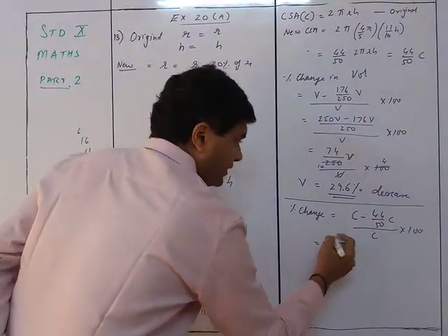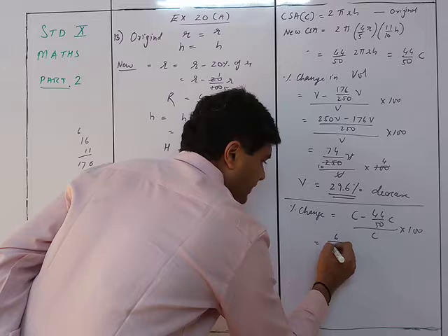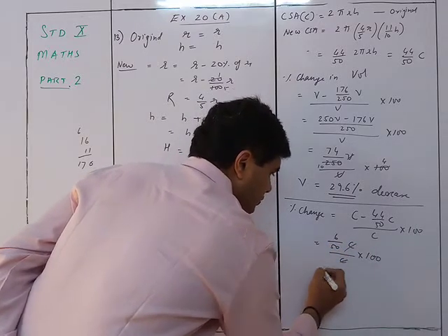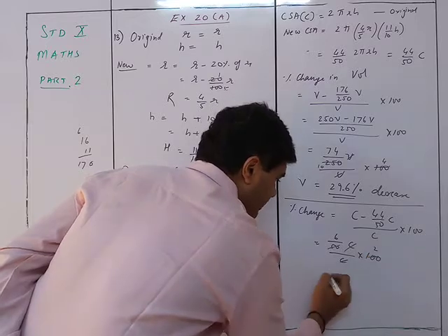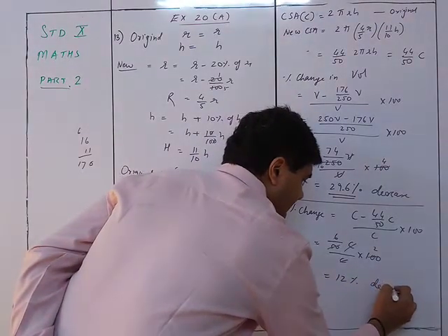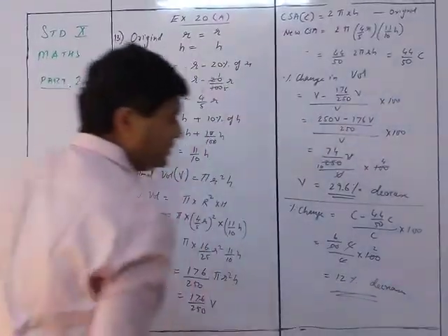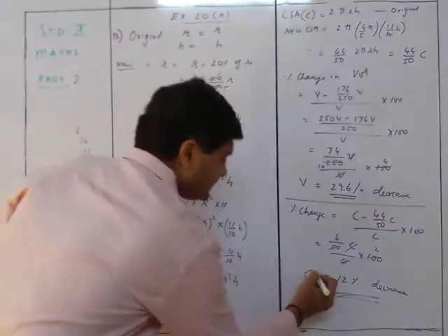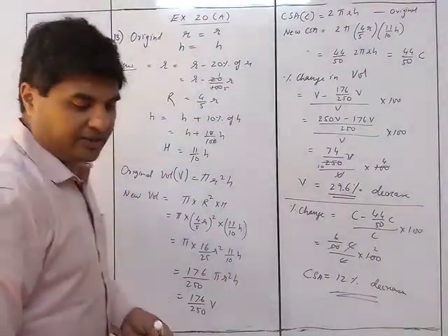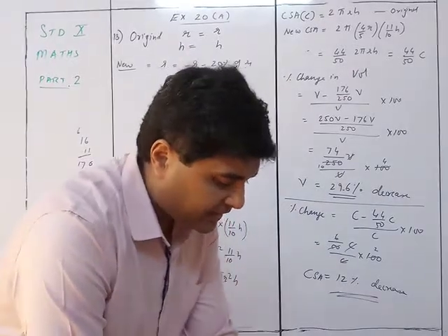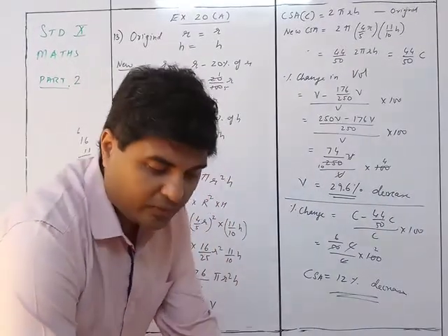So that gives me 6 upon 50 into 100, which will be 12%. A 12% decrease. So the percentage change in volume was 29.6% decrease and in CSA was a 12% decrease. This was sum number 13. Let's see the answers. Sum number 13: decreased by 29.6% and decreased by 12%.